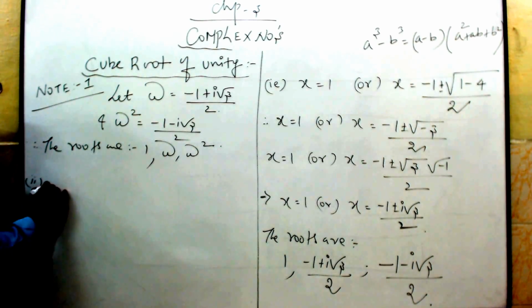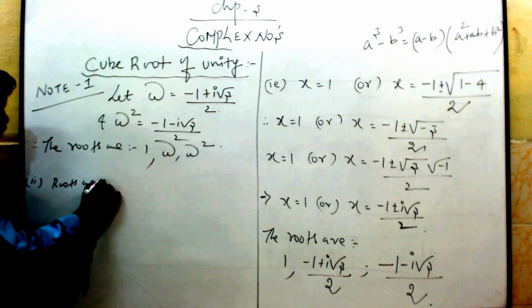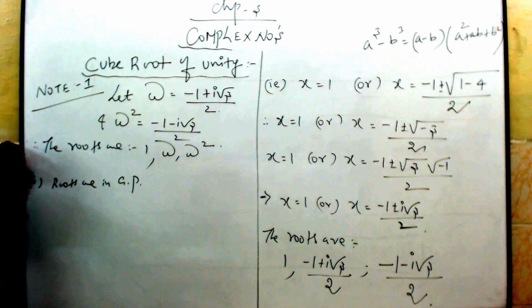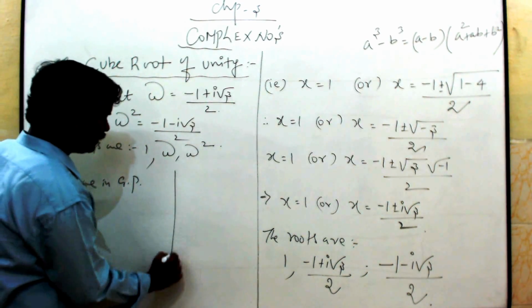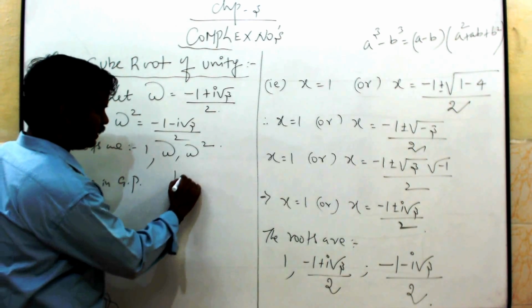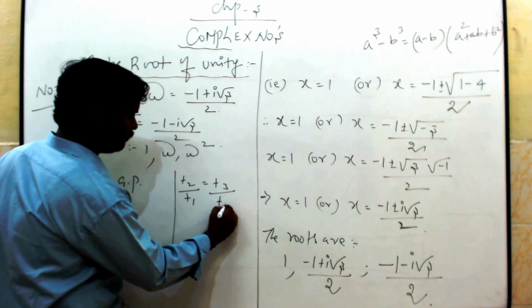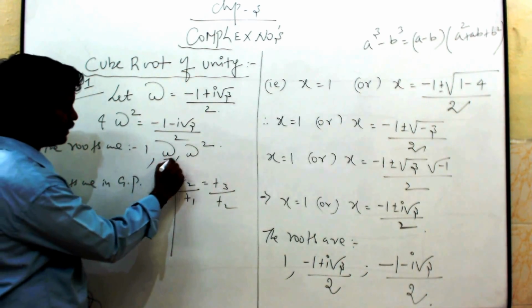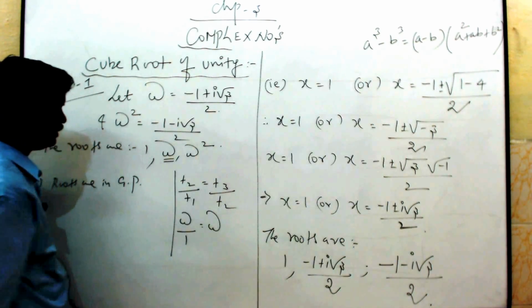Point number 2: the cube roots of unity are in GP. GP means what? Geometric progression. எப்படி சொல்றோம் தெரியுதா உங்களுக்கு? For geometric progression, second term by first term is same as third term by second term. What is second term by first term? Omega by 1 is omega.